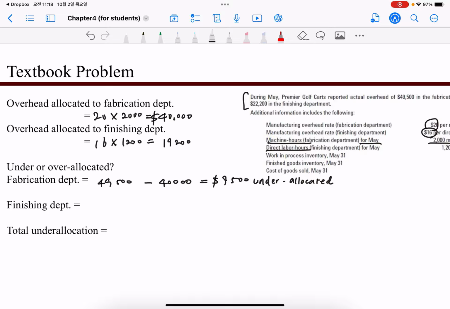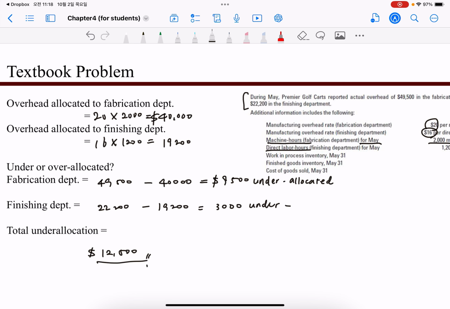And then for the finishing department, the actual is 22,200 and the overhead allocation is 19,200. So the difference between the two of 3,000 is going to be the under allocation amount, right? So the total is going to be $12,500 under allocation.